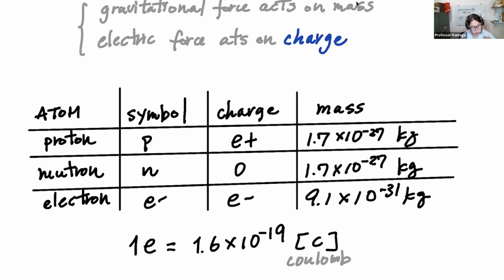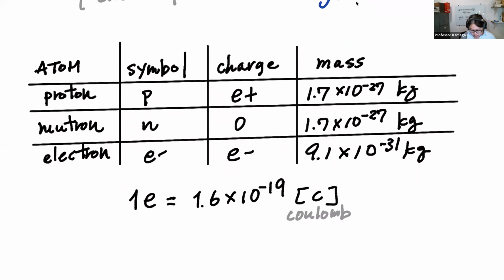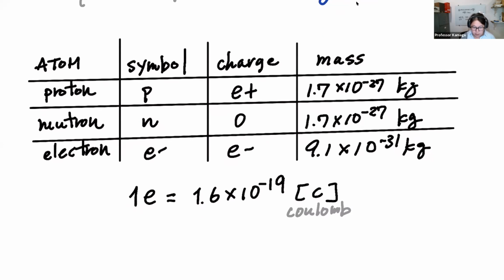So one electron or one proton is 1.6 times 10 to the minus 19 coulomb. My question: can we have, let's say, 2.3 electrons?